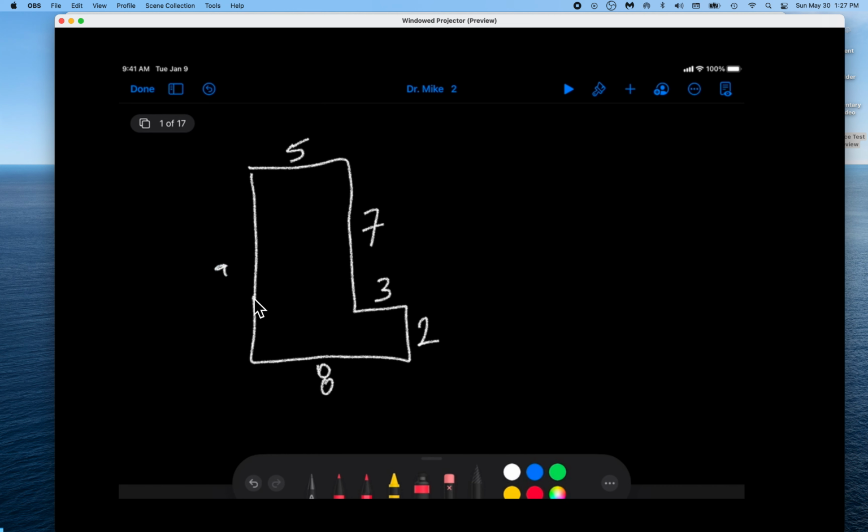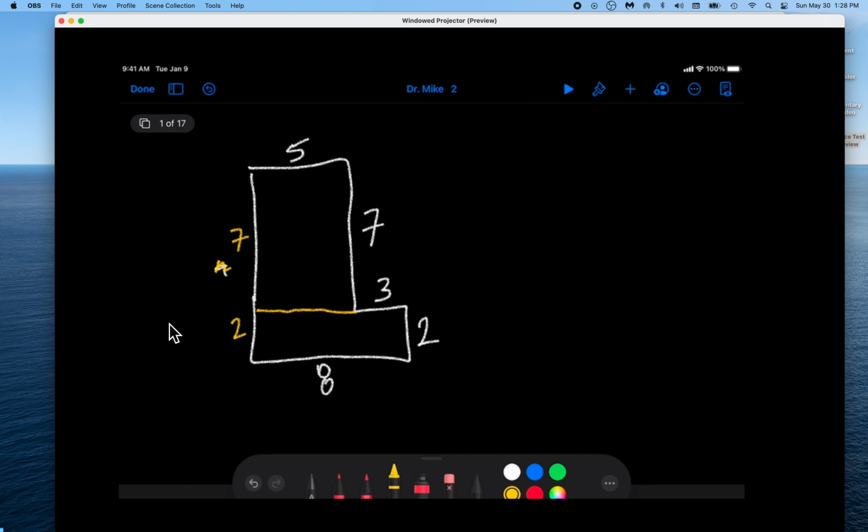Go across the street. What do you see? You see this is 7. So right up to here, it's 7. If this was 9 in total, and now this is 7 up to here, this has to be 2. The 7 plus the 2 has to equal the original 9.